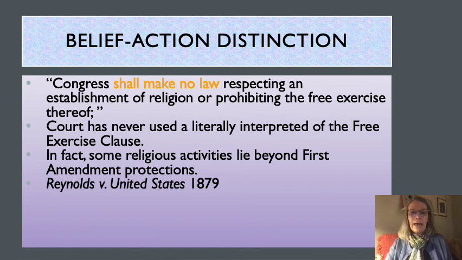Reynolds is a case, again, about Mormons and practicing polygamy. Polygamy is forbidden. It's a crime to engage in polygamy at this time period. And George Reynolds marries his second wife, violating the federal law, and he is promptly arrested.